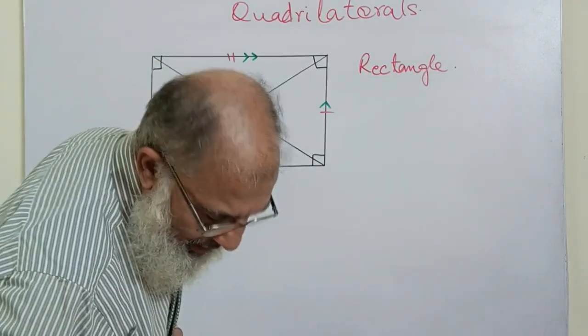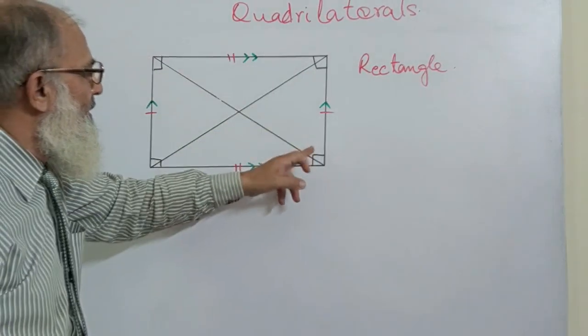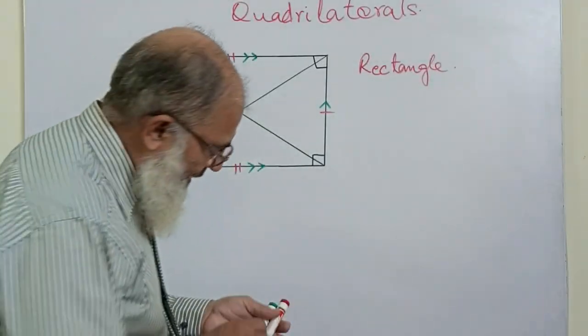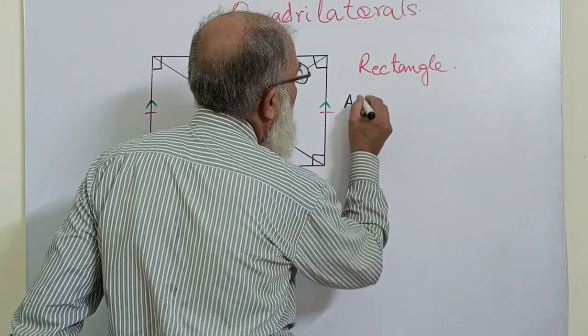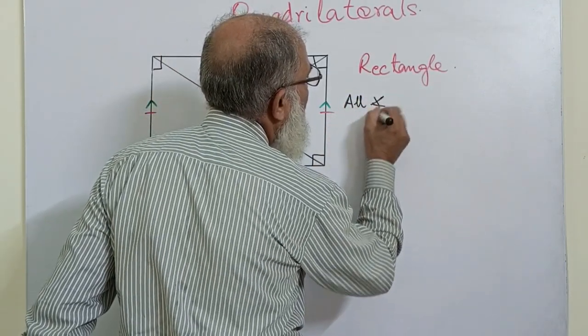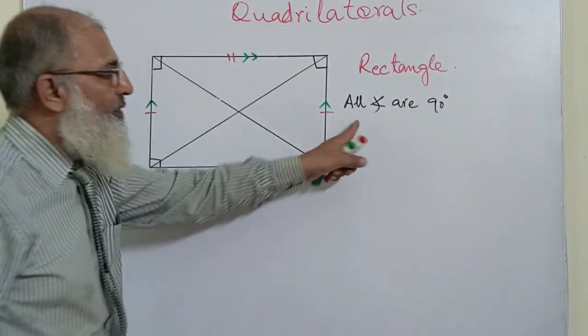Now let me discuss in detail. All angles are 90 degrees. Let me write it. All angles are 90 degrees.